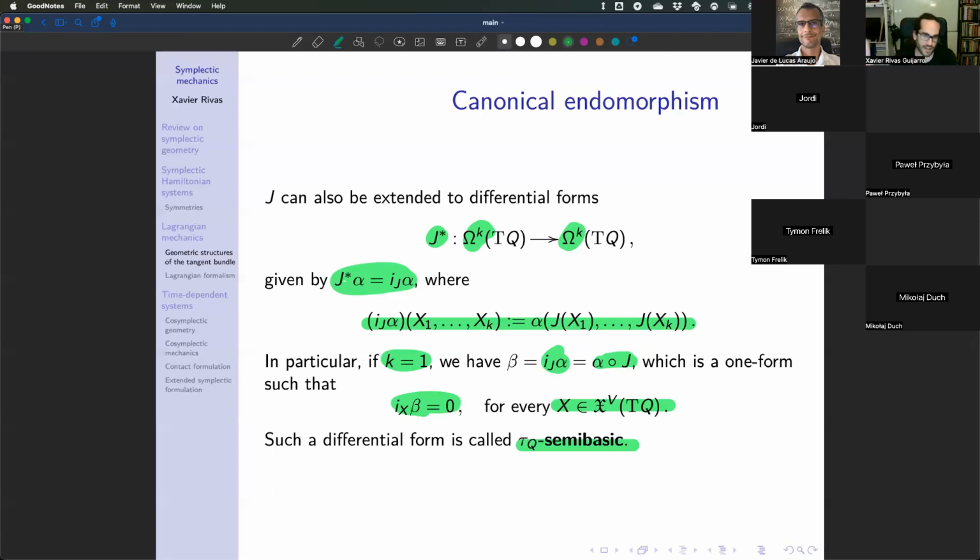I will tell you what it is in a couple of slides. If you multiply it by a function, it is no longer a second order differential equation, but it is a second order differential equation by changing the tangent structure, so changing this canonical endomorphism. It is a SODE in another tangent structure.